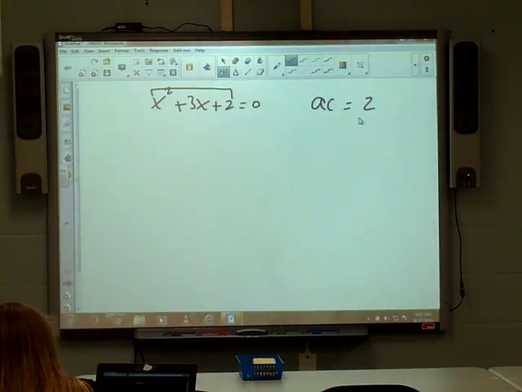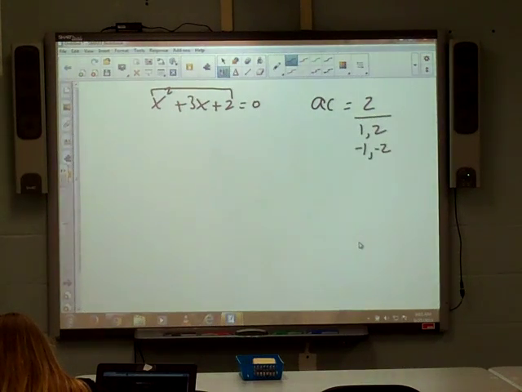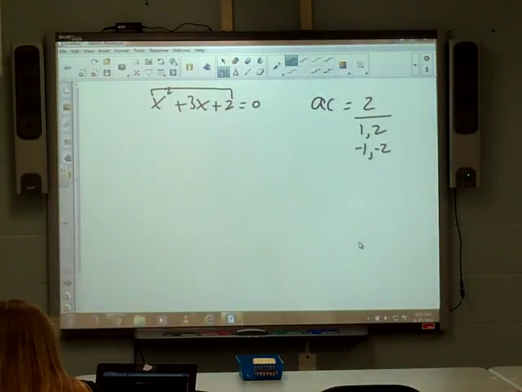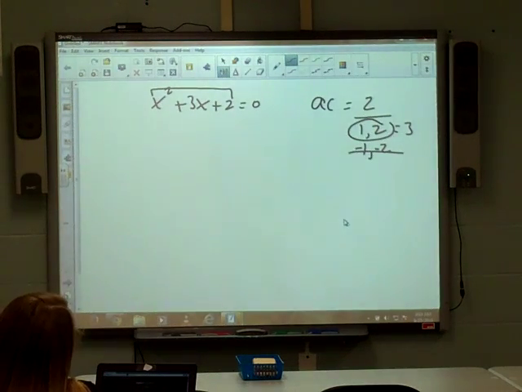My factors of 2, I could be 1 times 2. I could also be negative 1 times negative 2. Both of those pairs would multiply to make a positive 2, wouldn't they? What is our b in this equation? 3. So I need that pair that adds to 3. Well, 1 plus 2 equals 3. Negative 1 plus negative 2 is negative 3. So it's got to be that one.